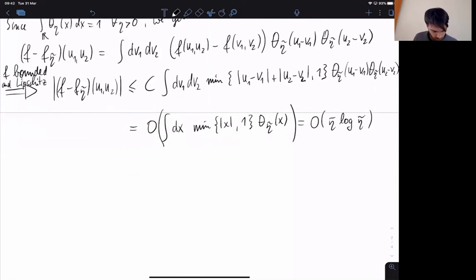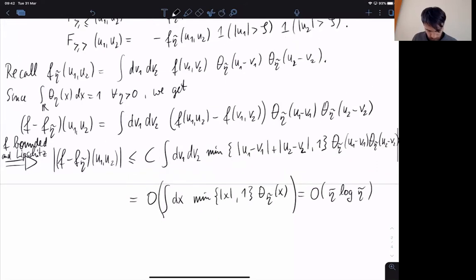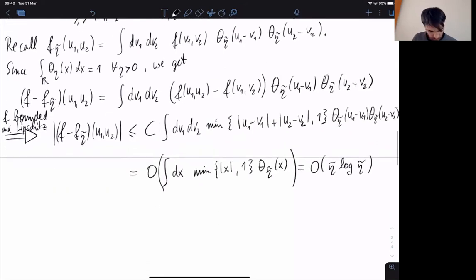Well, we still have some space, and then maybe I just give you how this follows. You just use these two integrals. You just distinguish these two cases where the minimum is x or where the minimum is 1. And then you integrate out what's left over. So maybe I just write this here.